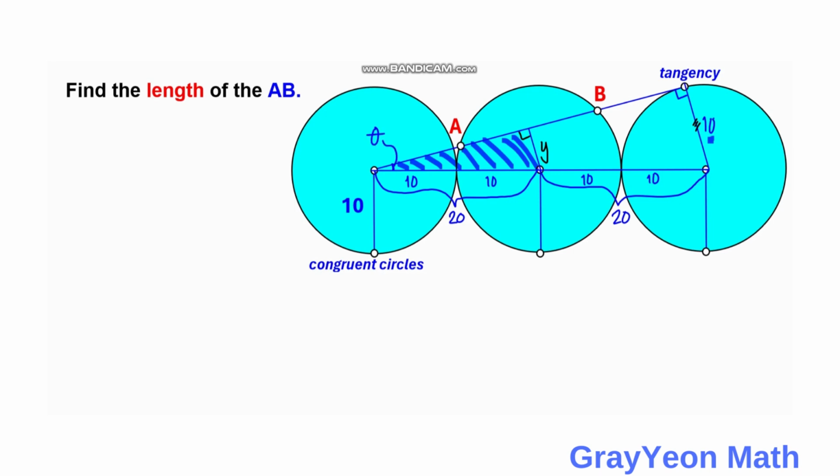So the opposite is y over 20, equal to 10 over 40, the opposite side of the larger right triangle. We cancel this first, so this becomes 1/4. Cross multiplying, we have y is equal to 20 over 4. So y is equal to 5 units.